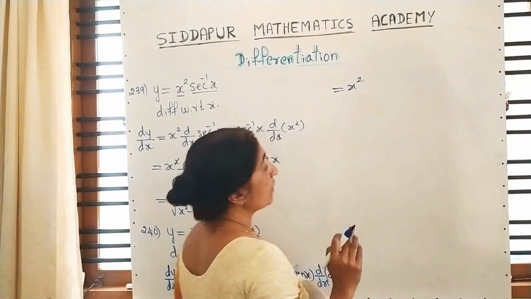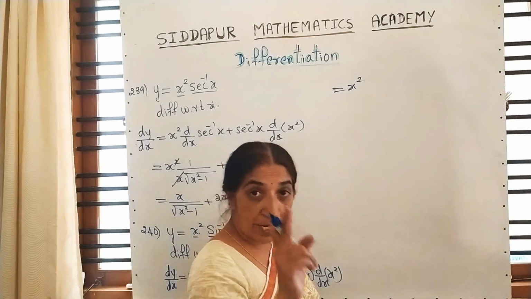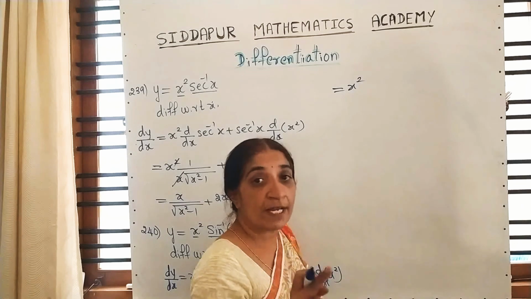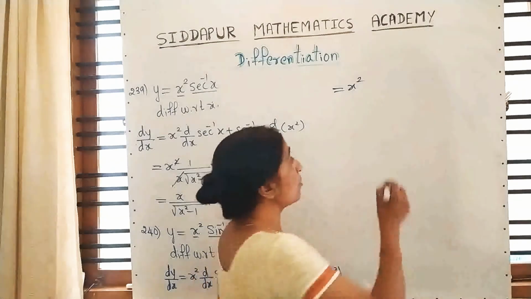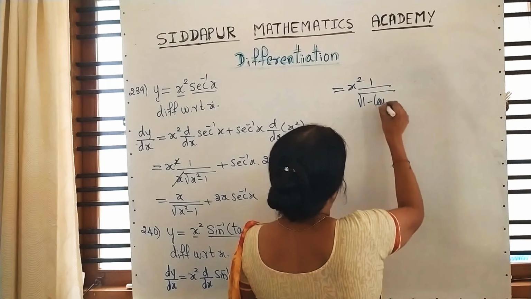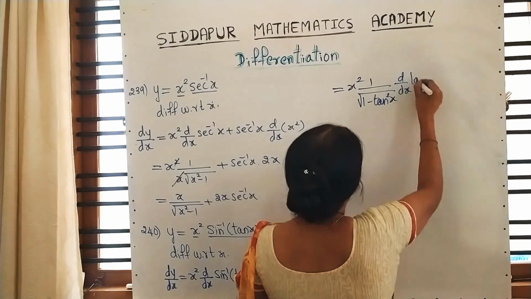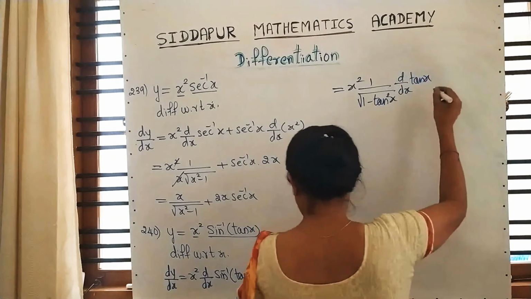Tell me, what is the differentiation of sin inverse x? Differentiation of sin inverse x is 1 upon root of 1 minus x square. In place of x we have to write tan. And as you know that the angle is other than x, we have to differentiate that.